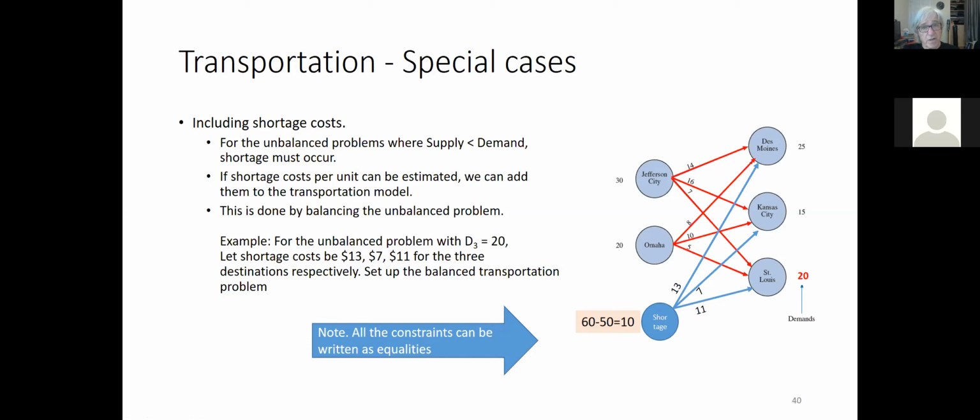So all the model will do is minimize the real transportation. That's another elegant way of overcoming an unbalanced problem when you have shortage, but shortage costs are not included in the model. Just plug in 0. And that's what you do when you have an unbalanced problem when the demand exceeds the supply.